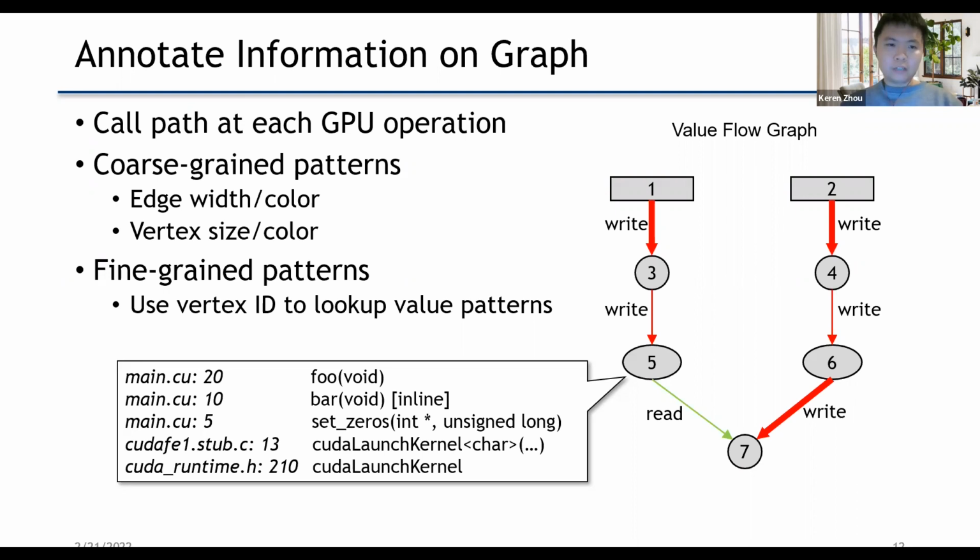We also change vertex size to reflect how many times a GPU operation has been called. We also annotate vertex colors to identify if these operations involve the same values. So in this example, these nodes are colored as blue since they all involve read or write of zeros.